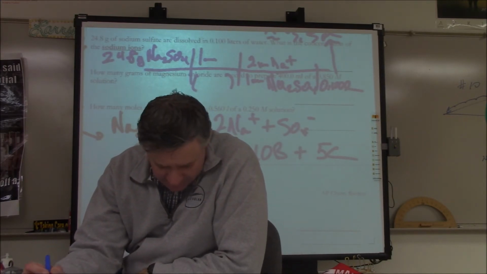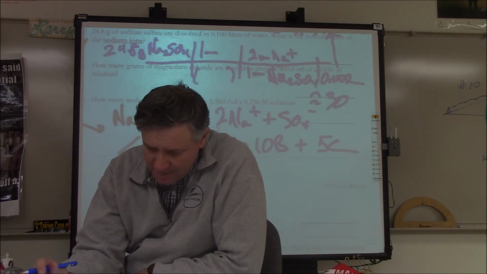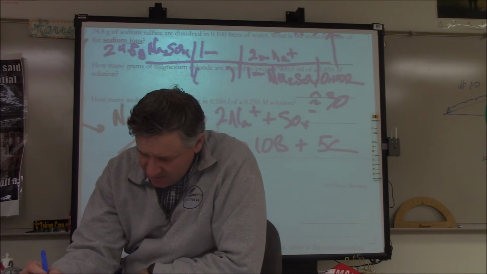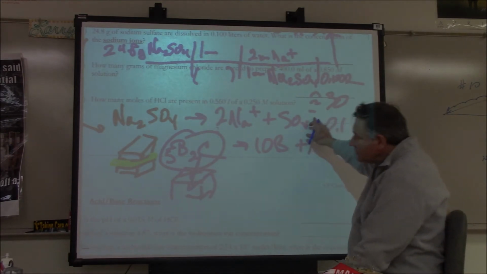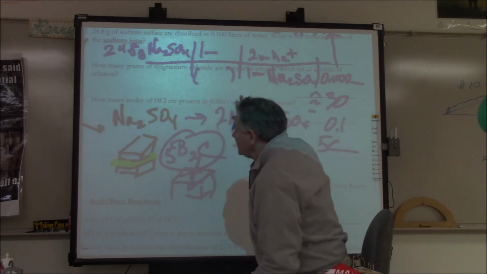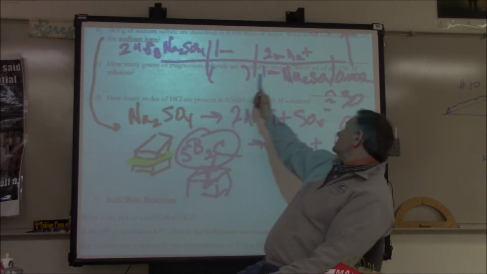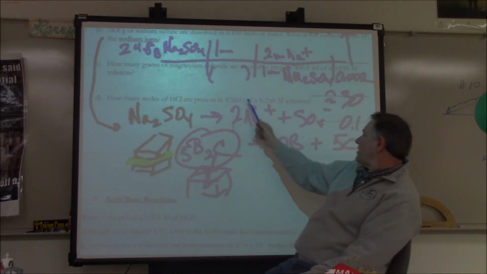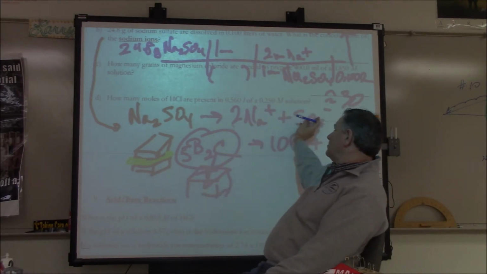For C, that answer should be around 30. And that answer to D should be around 0.1. So your answer to C should be around 30, and your answer to D should be around 0.1.